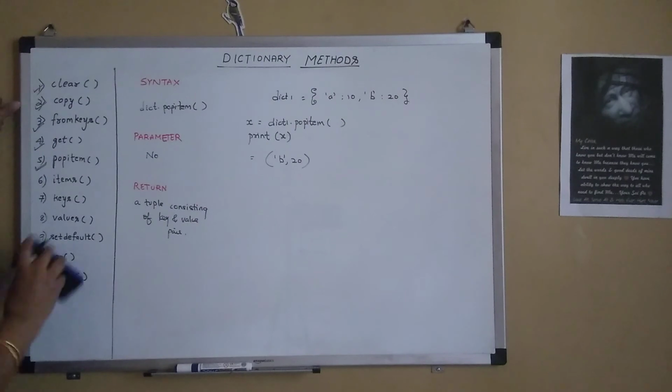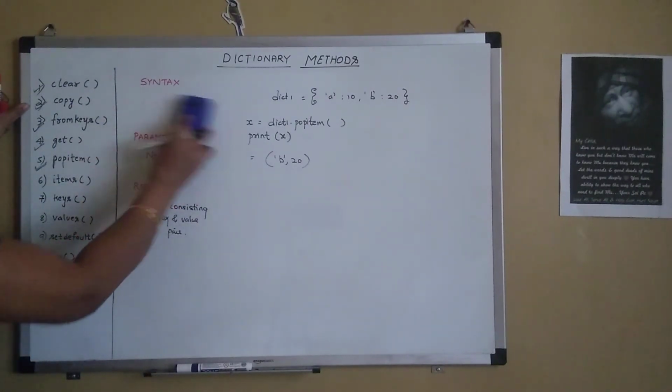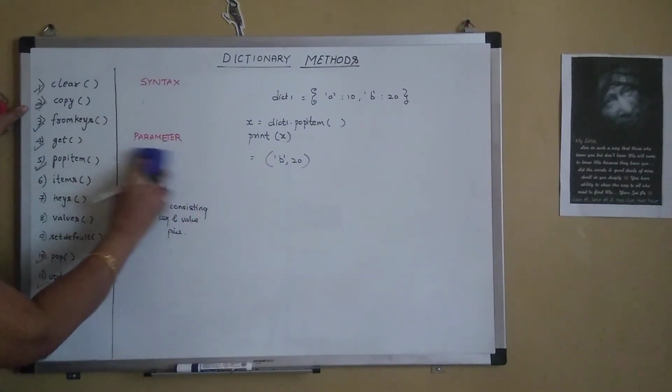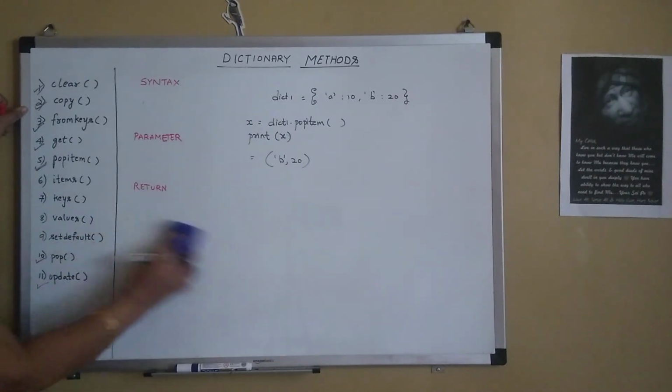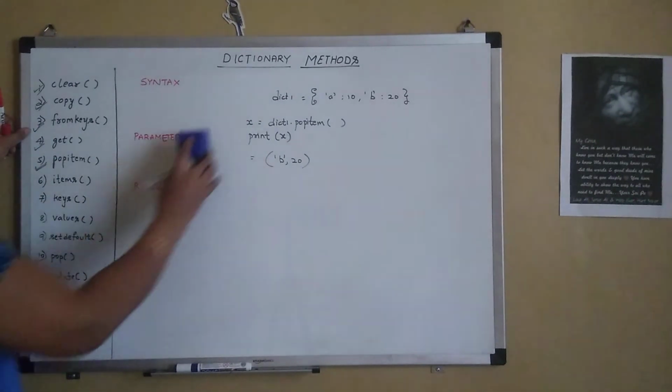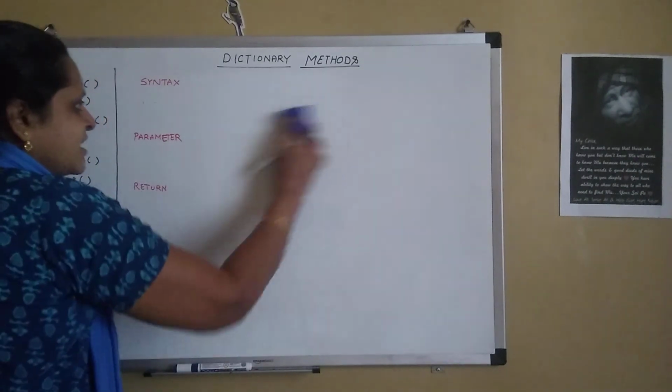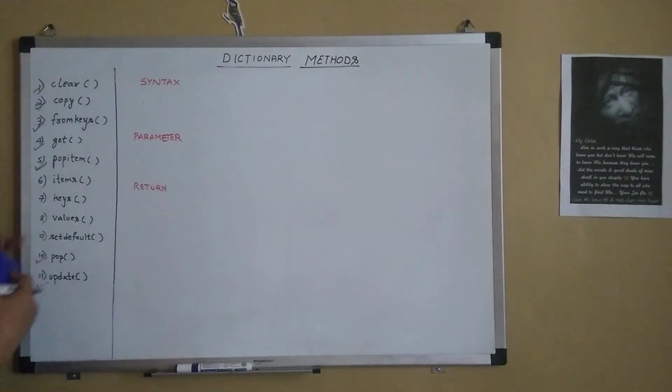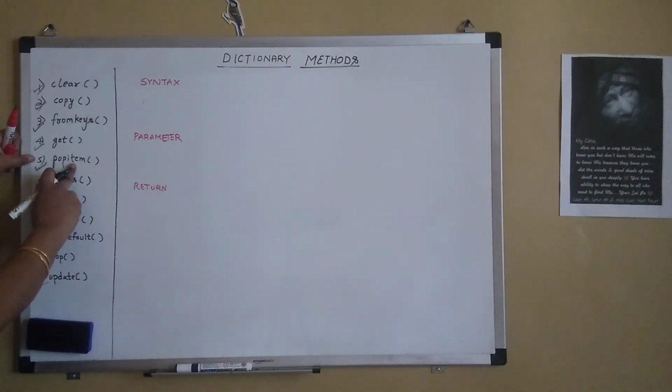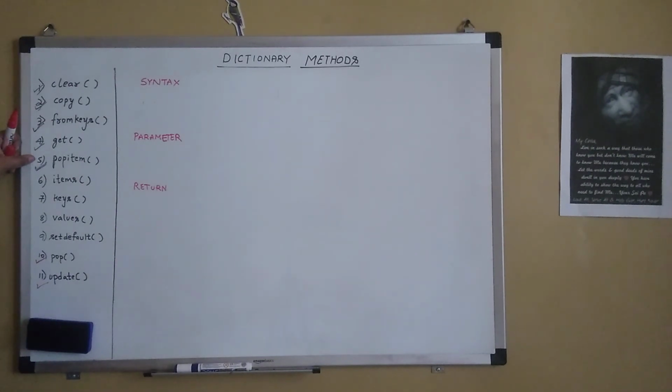The clear built-in function clears the contents of the dictionary, the copy command makes a shallow copy of the dictionary into another variable, fromkeys creates a dictionary with the keys and values specified, get gets the value for the specified key, and popitem retrieves the latest entered item in the dictionary.